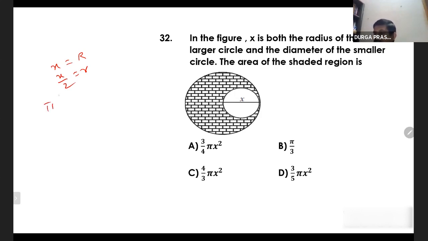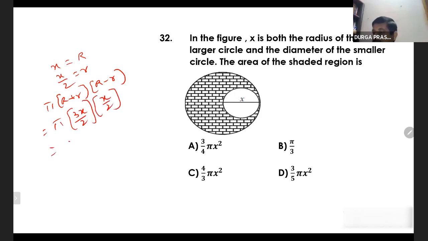So pi into R plus small r into R minus small r. R plus small r is 3x by 2 into x by 2. So that is 3 pi x square by 4. So that is option A.